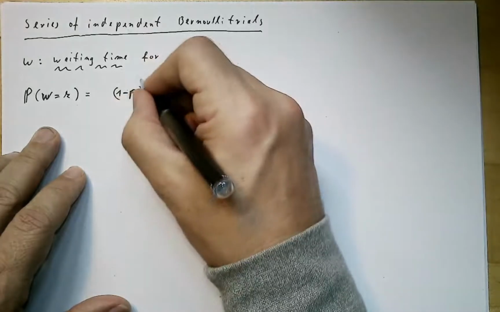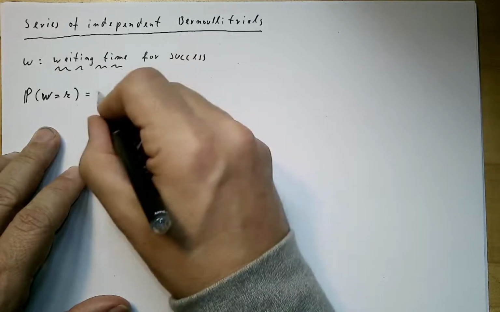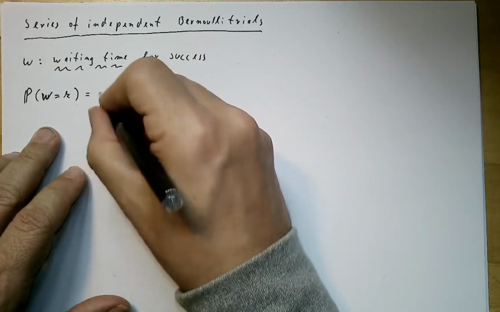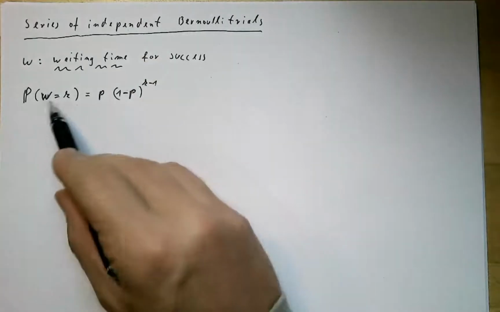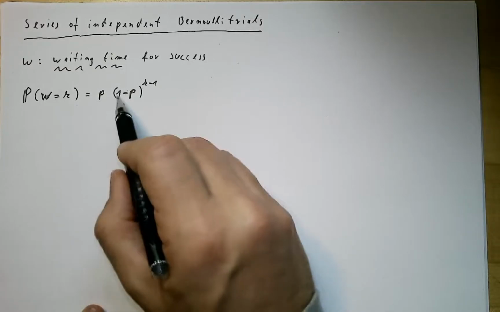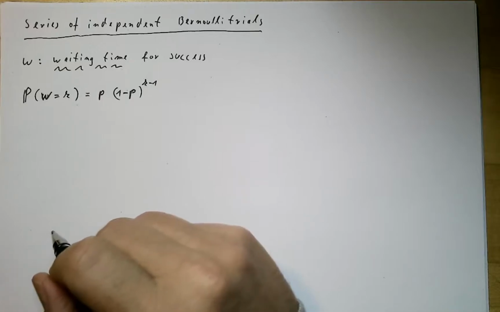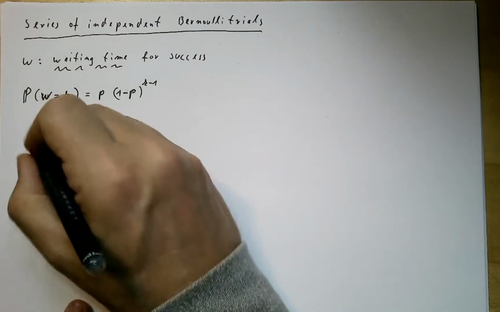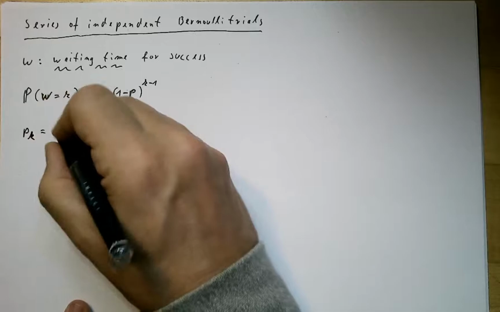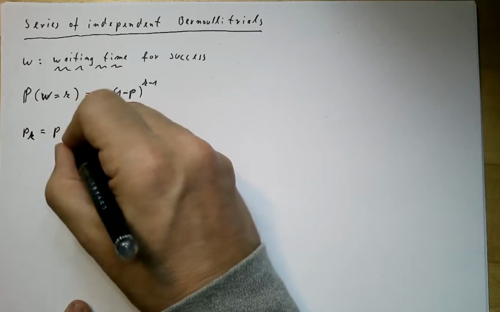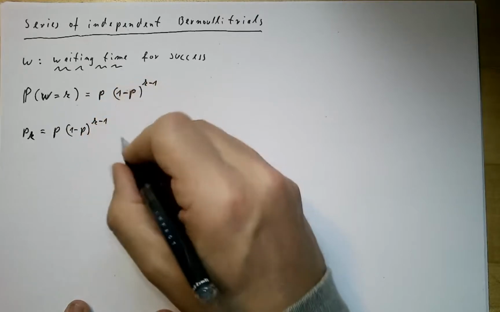And so we have k minus 1 throws with no success, and in the kth throw we have p. So the probability that we have a waiting time of exactly k is p times 1 minus p to the k minus 1. So that's the probability distribution.